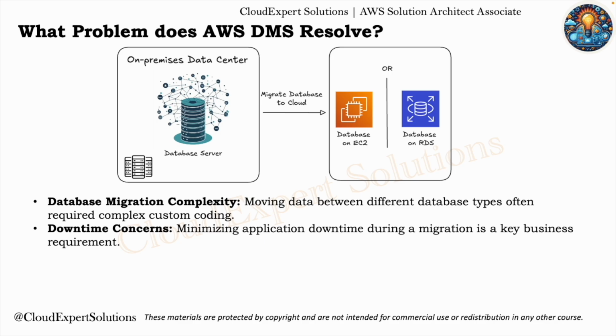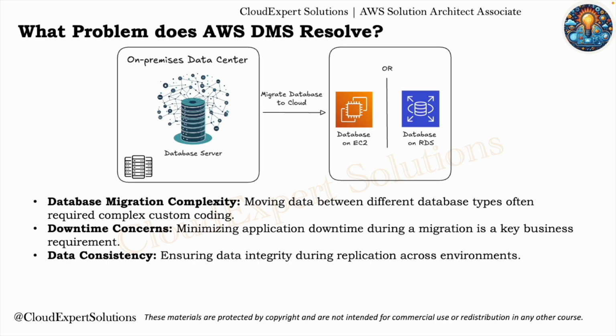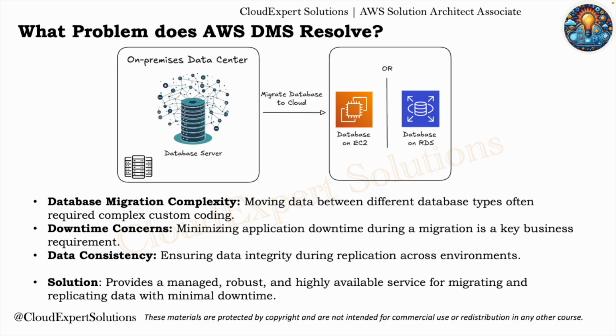Businesses need to move their databases to the cloud quickly and reliably while their applications remain running. When you are migrating your data from on-premises to the cloud, handling duplicates, missing data, or ensuring data integrity during replication across environments is a horrific task. The solution to all these problems is AWS DMS.